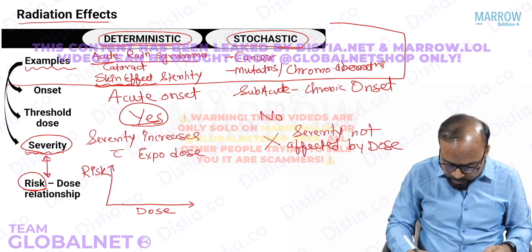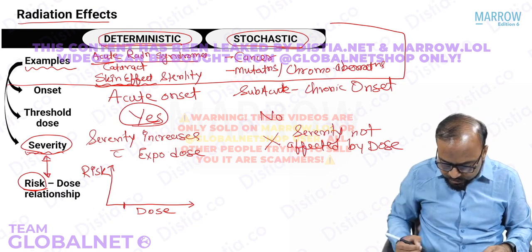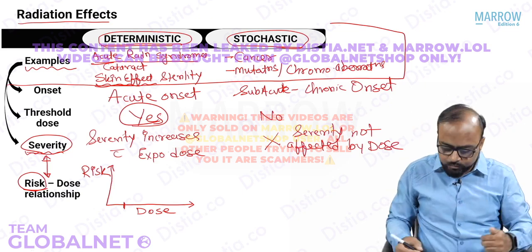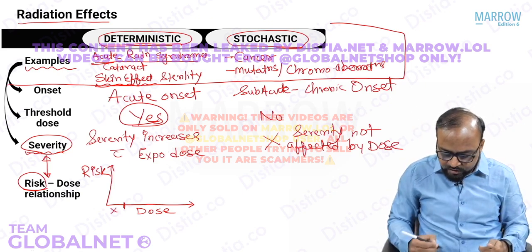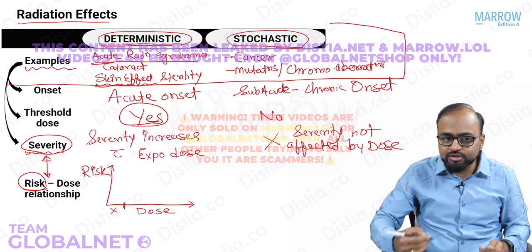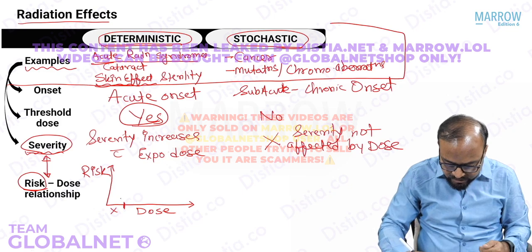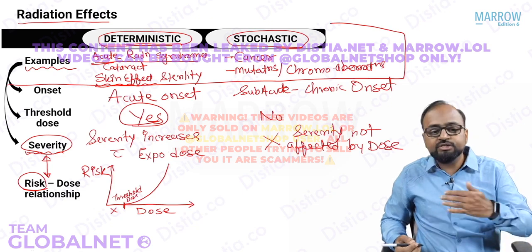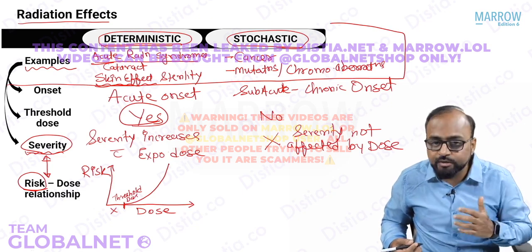So only at a particular dose or higher will the effect be seen, and if the dose is lower than that, the effect will not be seen. So the curve of risk to dose relationship for deterministic effects begins at this point, which is nothing but the threshold dose, and then it is a curve like this. So this is the relationship between the risk and dose for deterministic effects.